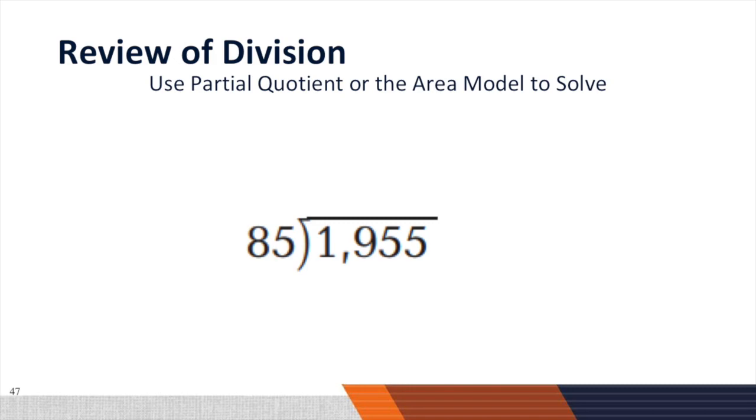So again, first we're just going to do a division problem outside of a word problem. So just straight up division problem: 1,955 divided by 85. And we're going to use partial quotient to solve it.